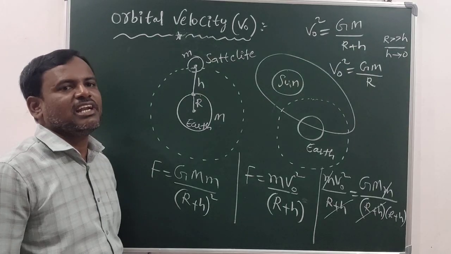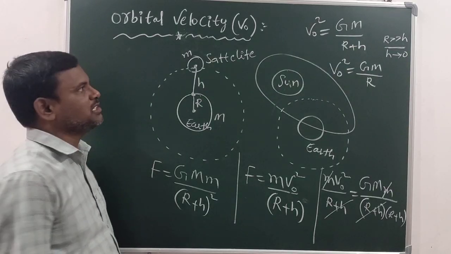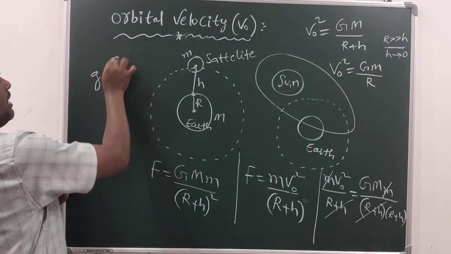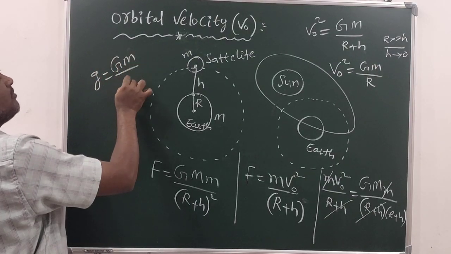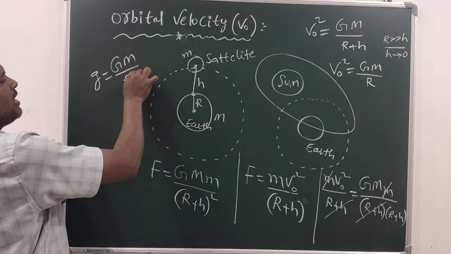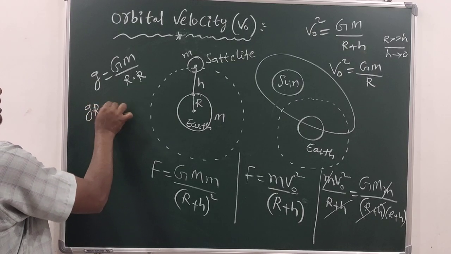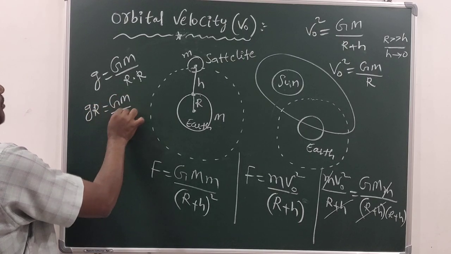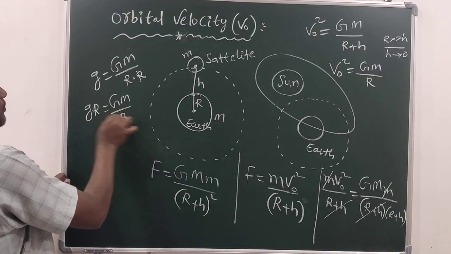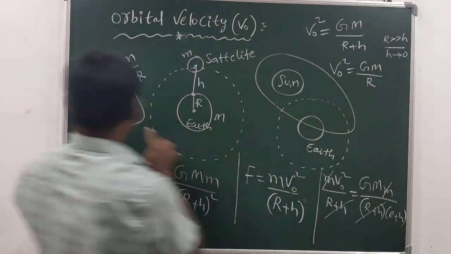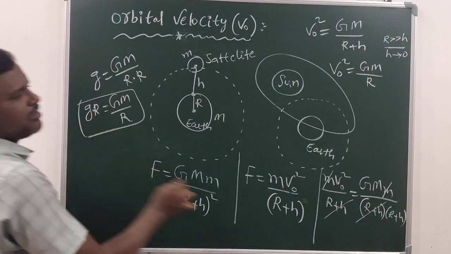You know students, relation between the small g and capital G. So what is that? Small g is equal to capital G, capital M by R square. R square you can write R into R. Take one of the R to the left side. gR is equal to capital G, capital M by R you will get. So in place of this GM by R, you can write this gR.